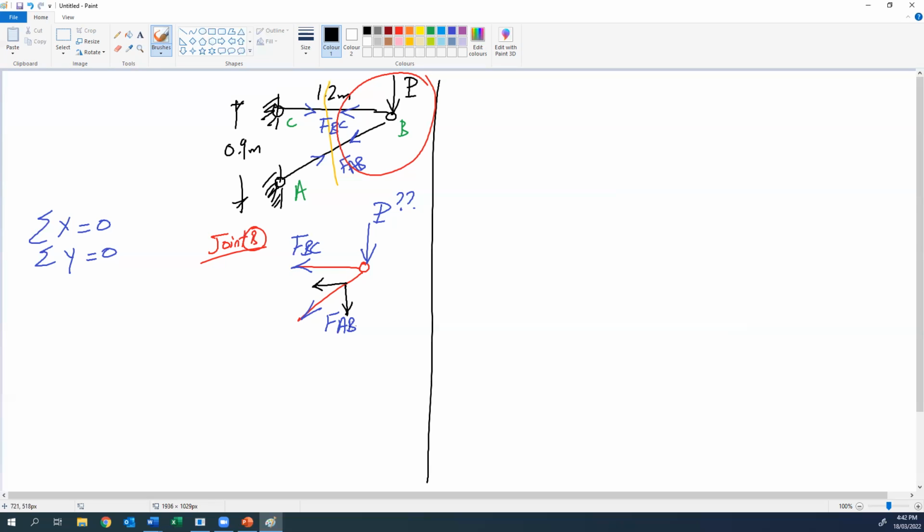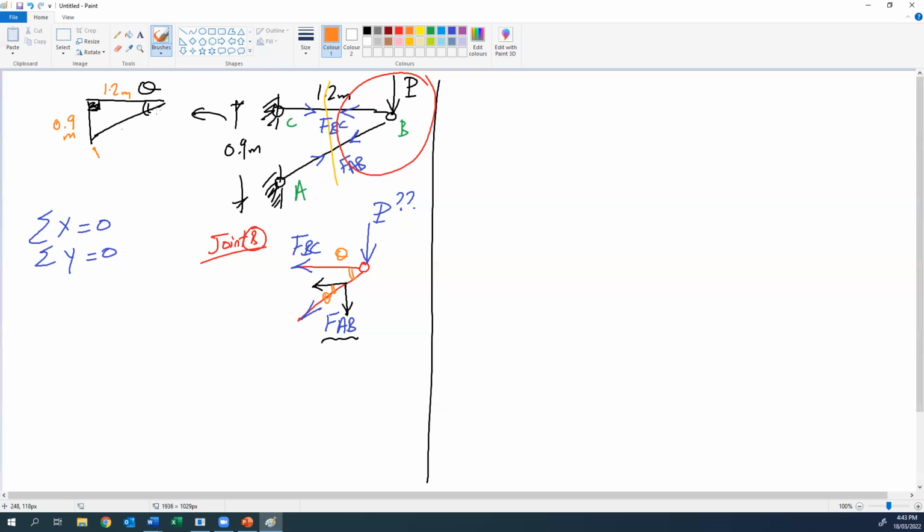Okay, so now we need to analyze the force FAB. How can we analyze this force? If we take this triangle here, so this is our angle theta, and this is theta. We know this is 0.9 meter and 1.2 meter.